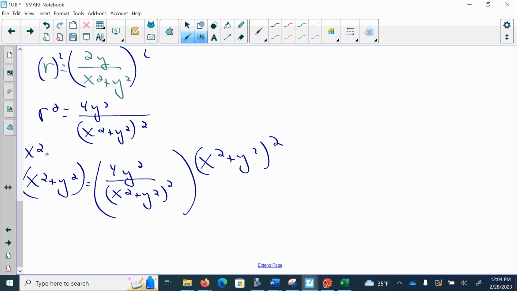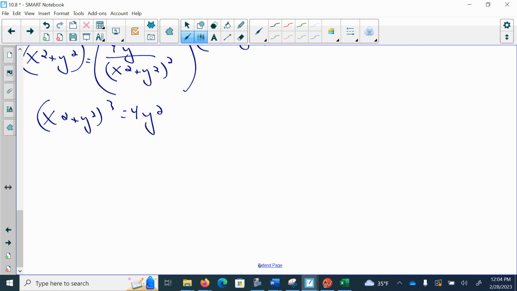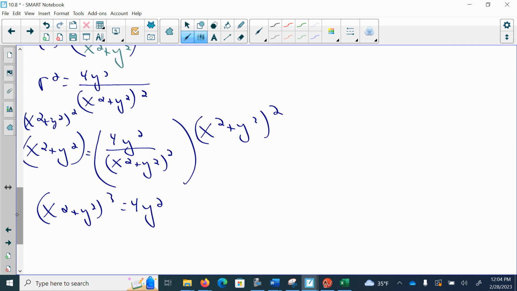So on this side, I'm going to have x squared plus y squared to the third is equal to 4y squared. I'd be happy if you got that far. You could solve for y. I could actually expand that out using the binomial theorem if I wanted to. Does anyone want to do that? Do you want to leave it like that?